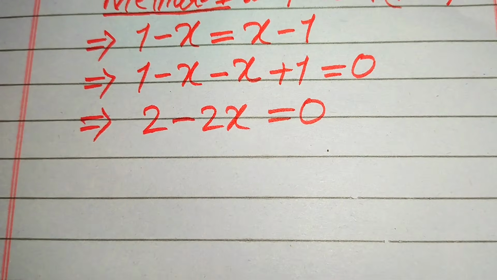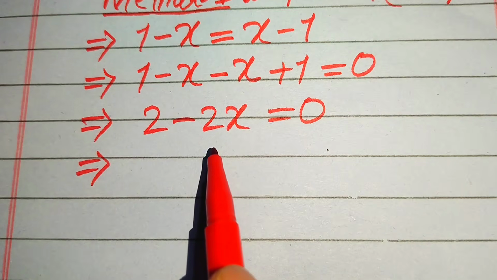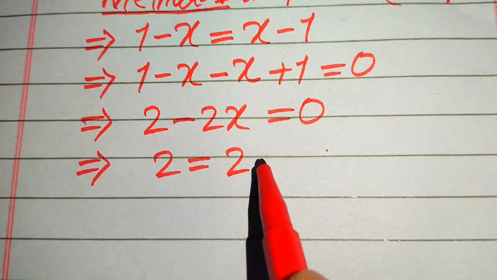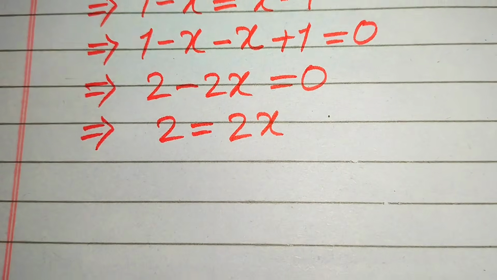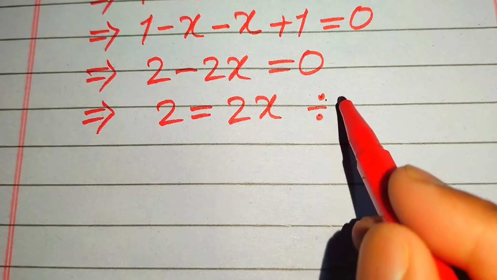And in the next step, we move the term minus 2x from the left hand side to the right hand side, and we get 2 is equal to positive 2x. So for the value of x, we divide both sides by 2.